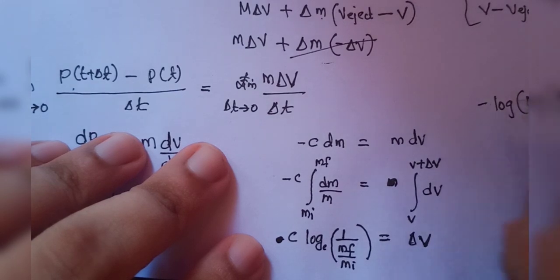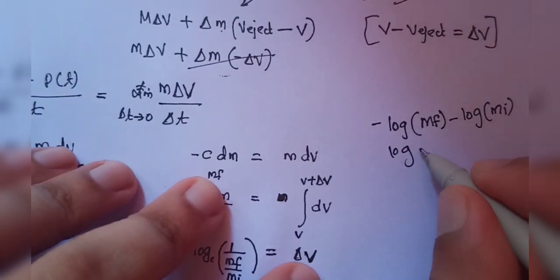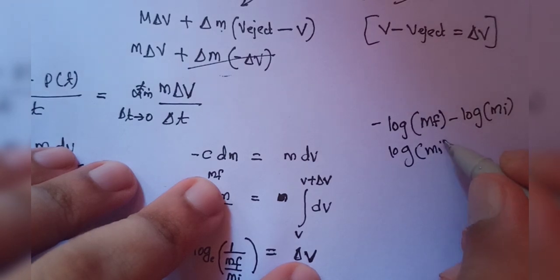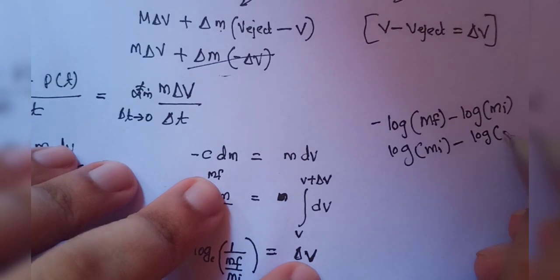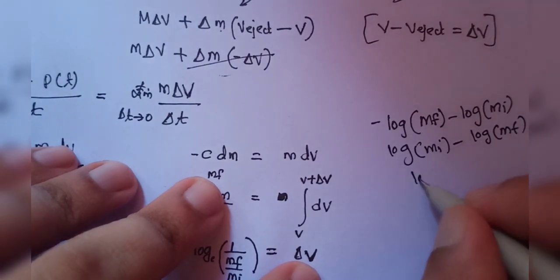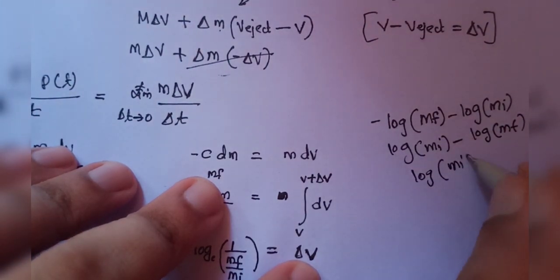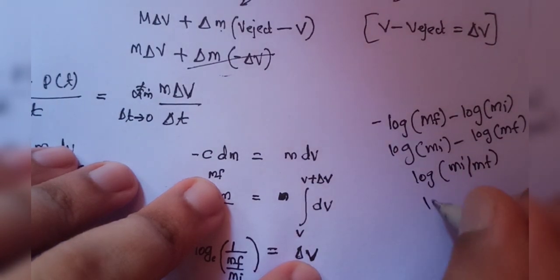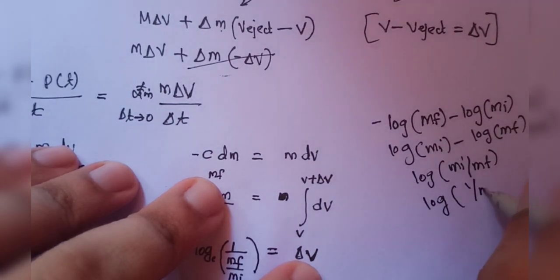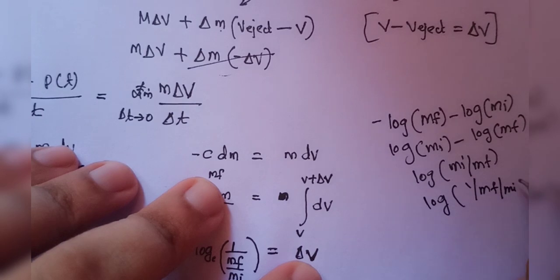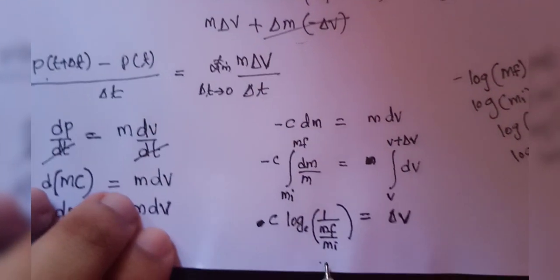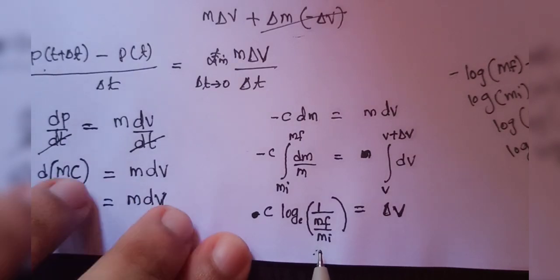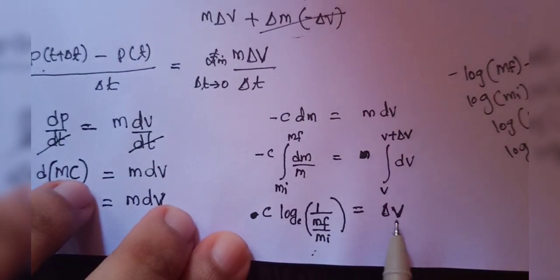Initially we have a minus sign, so it will be log of mi minus log of mf. So I can write log of mi divided by mf, and now I can write again log of 1 by mf by mi. So this is how it has come here. So this is equal to delta v.